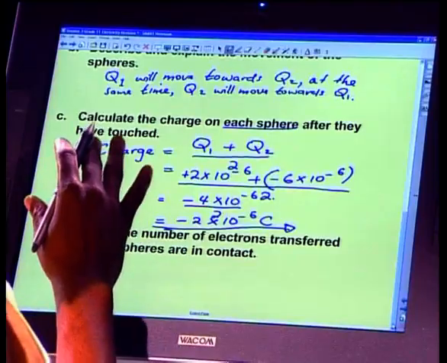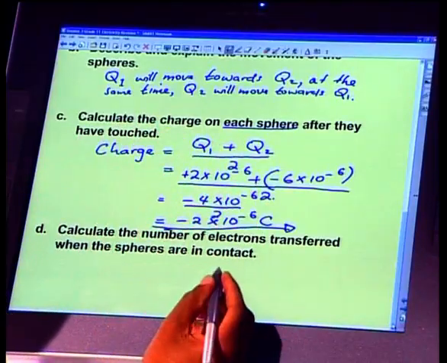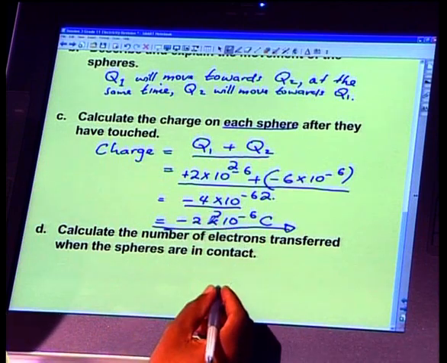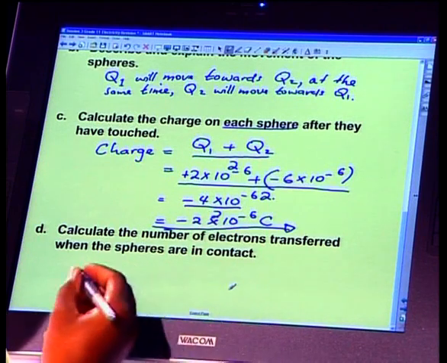Now, going from question C to question D builds on C. And please follow this carefully because this is likely to be in the exam. They like putting questions like this in the exam. So please understand how to work this out. We have now worked out the charge on each sphere. It will be minus 2 by 10 to the power minus 6.